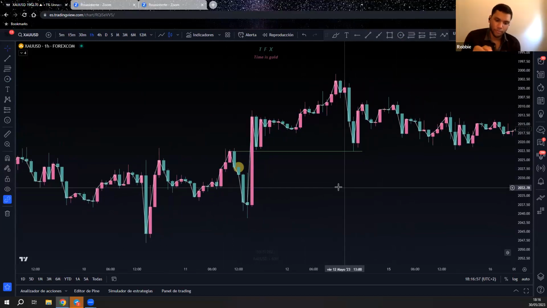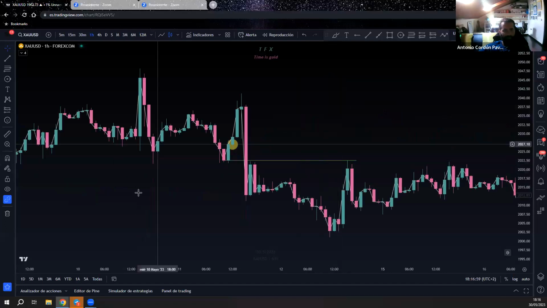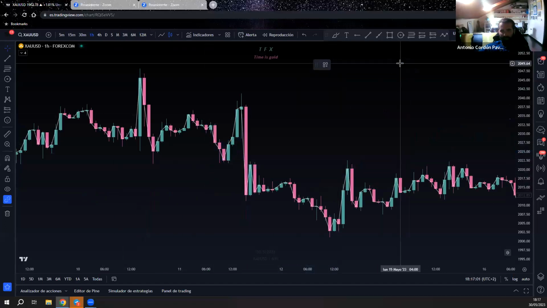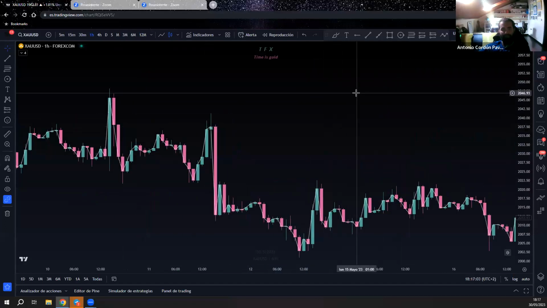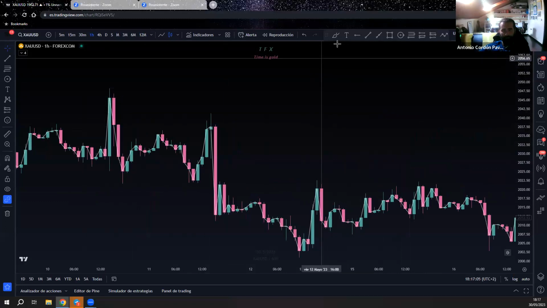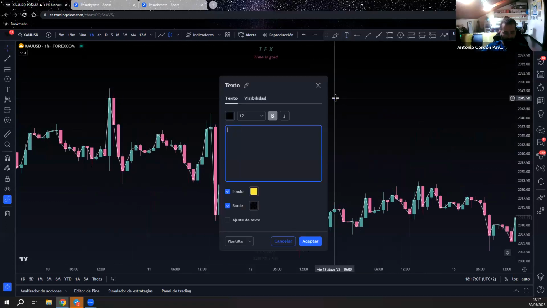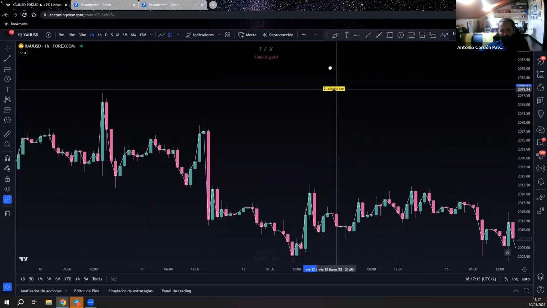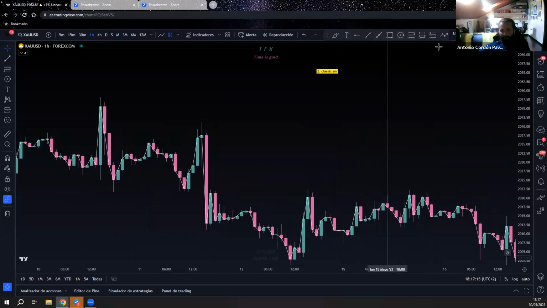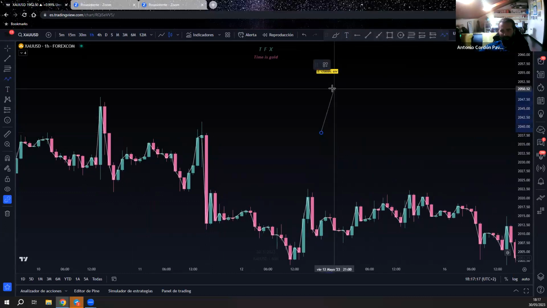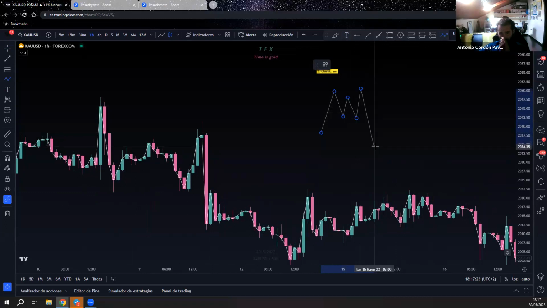Okay, when we finish the breakout, we have the easiest one, which is called the classic SNR. The classic SNR is very easy because we only have to find a level, and then we have a miss. We respect the level, we confirm, and then we go.